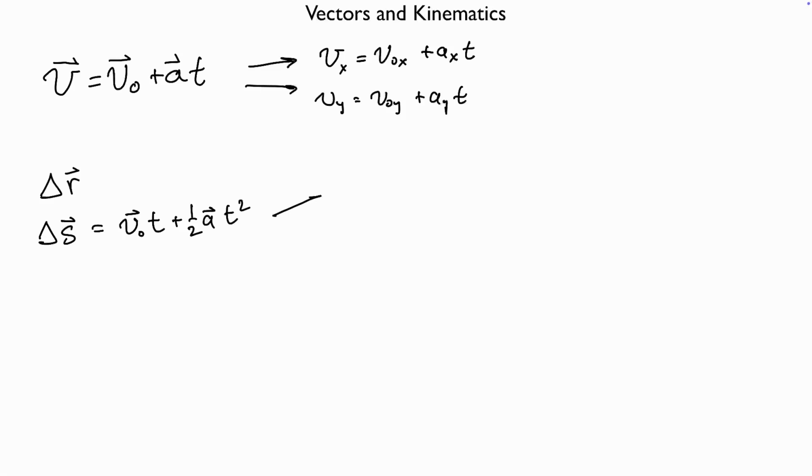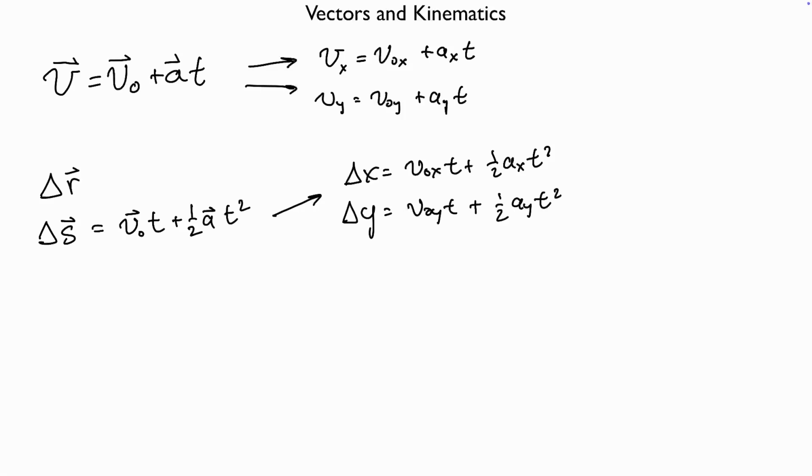But again, this splits up into a delta x equals v naught x t plus 1/2 a x t squared, a delta y equals v naught y t plus 1/2 a y t squared, and could do a z one, right? Third one, v final equals v initial plus a delta, we'll just use s, okay?